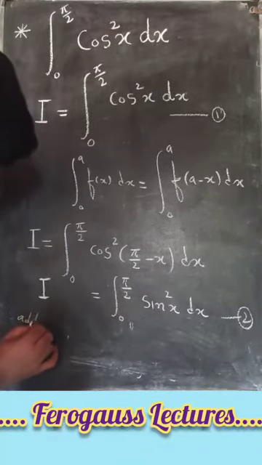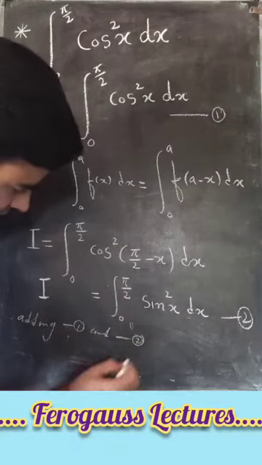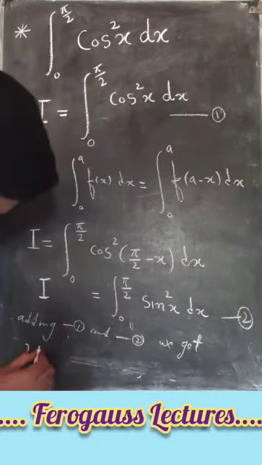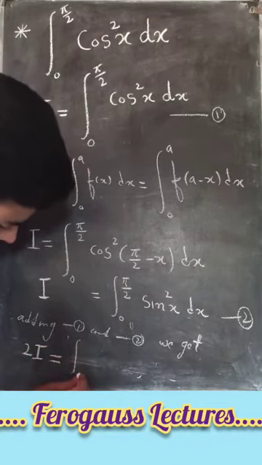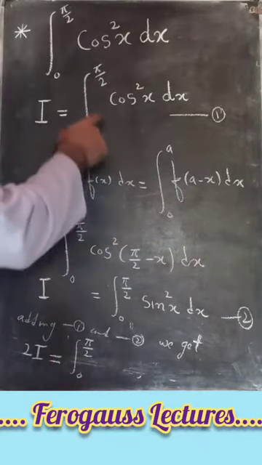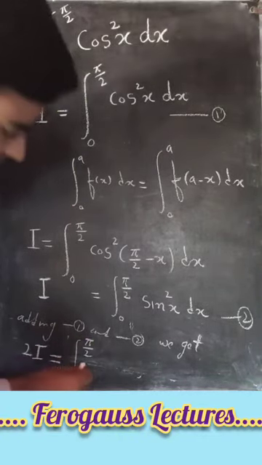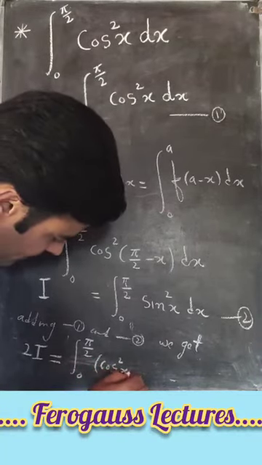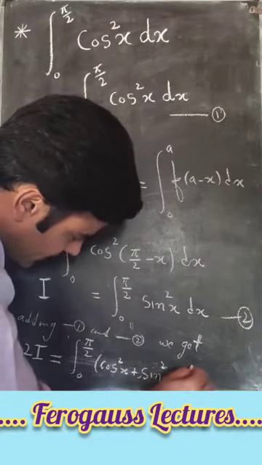Adding first and second, we get 2I is equal to integral 0 to pi by 2. Here it is integral 0 to pi by 2, here it is also integral 0 to pi by 2. So we can write integral 0 to pi by 2 cos square x plus sine square x dx.